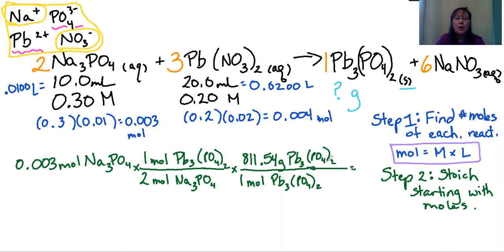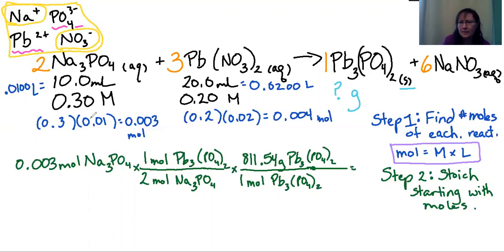So the value that we get for this is going to be 0.003 times 811.54 divided by 2. I can have only 2 significant figures because of the way my slides are written.